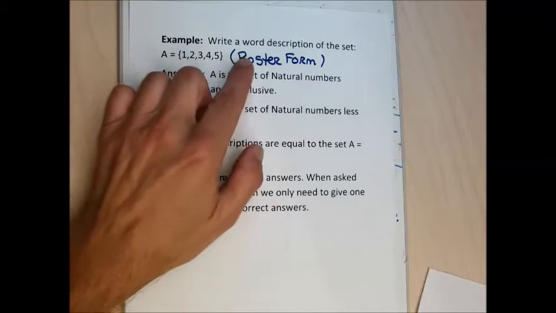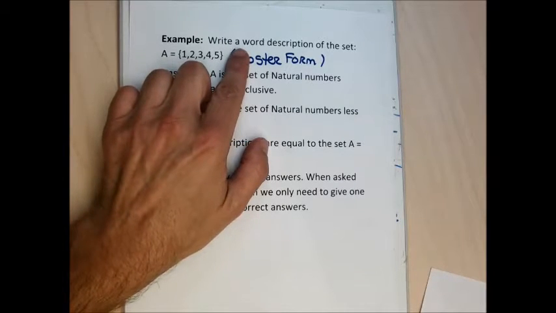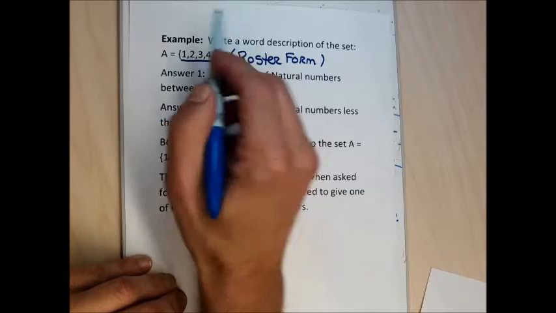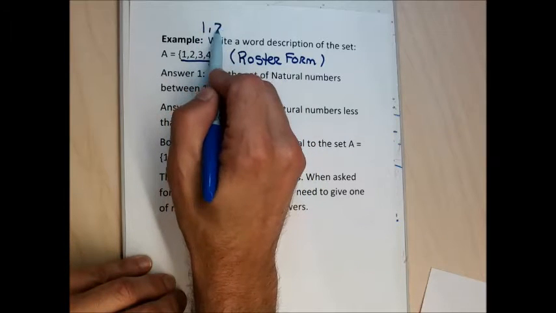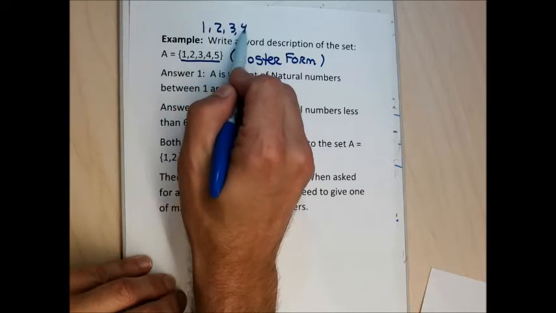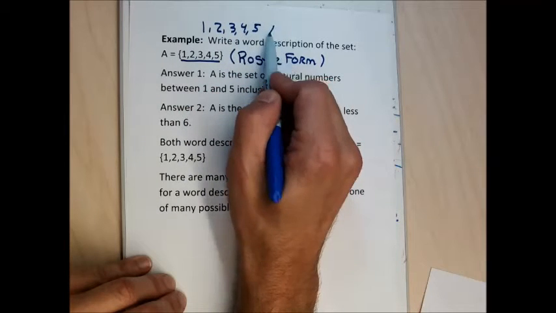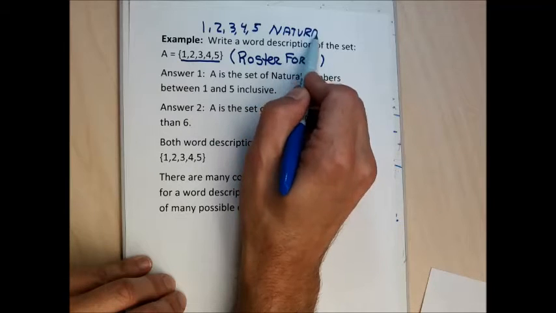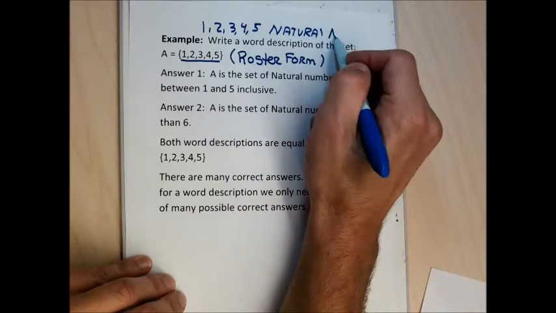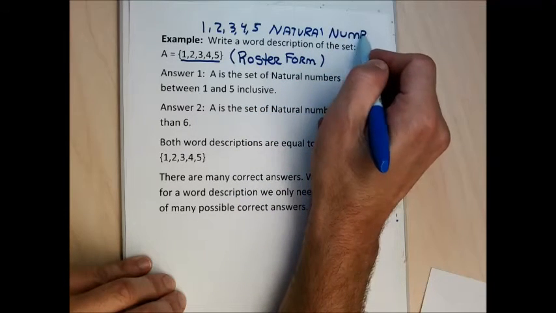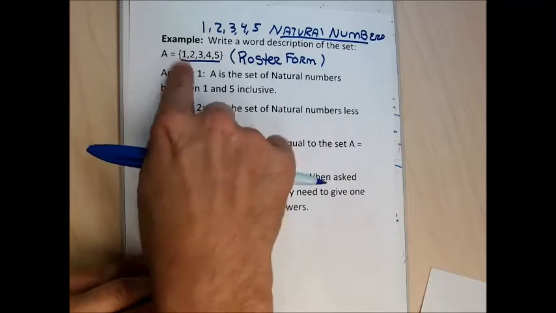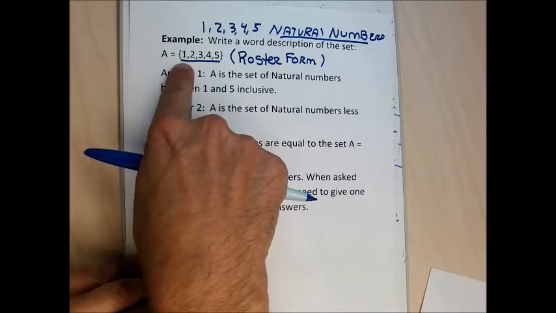We're asked to write a word description for this set, and immediately when I look at this set, I can see that the numbers 1, 2, 3, 4, and 5 are all natural numbers. So when I go to write a word description for this set, probably somewhere in my word description I'm going to use the words natural numbers, because every number in set A is a natural number.